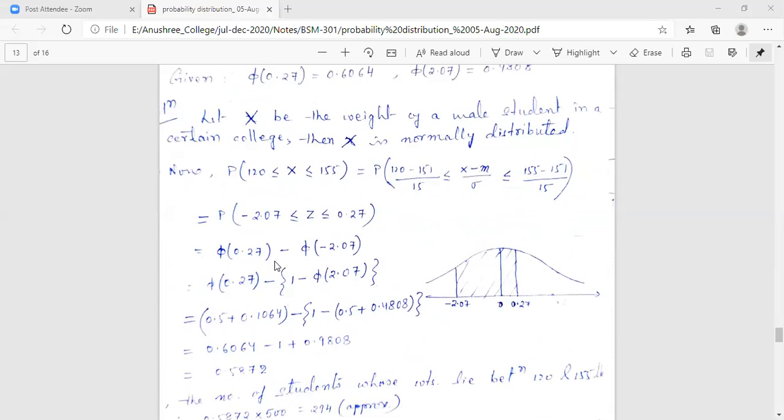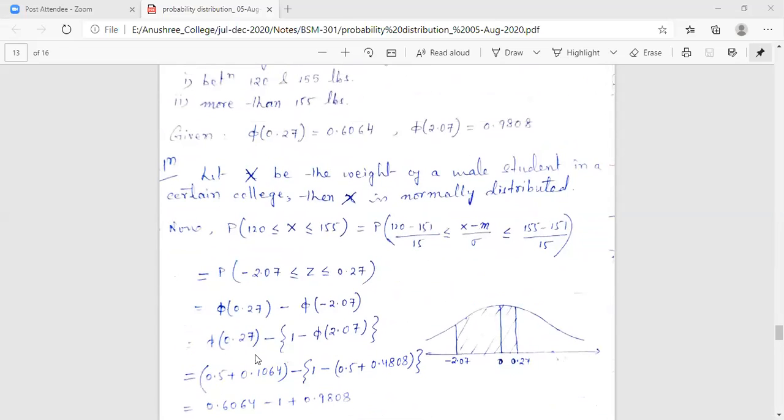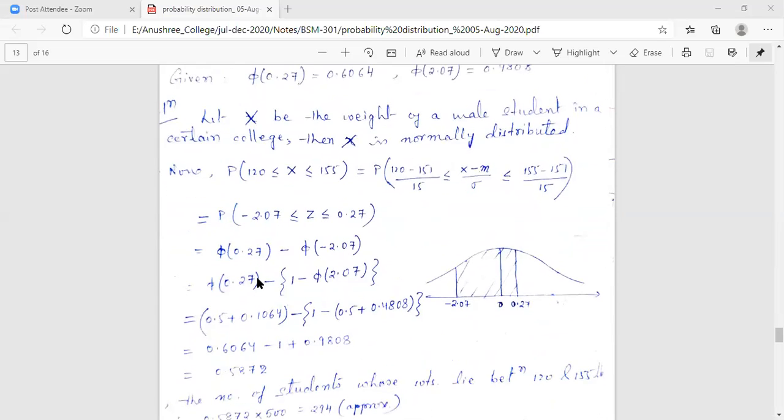So phi of 0.27 is already given, that is 0.6064, that we can write directly over here. Phi of 0.27 minus phi of minus 2.07. Phi of minus z means 1 minus phi of z.